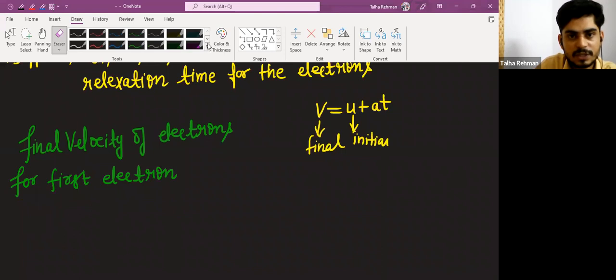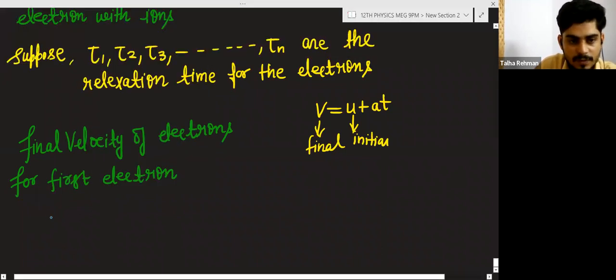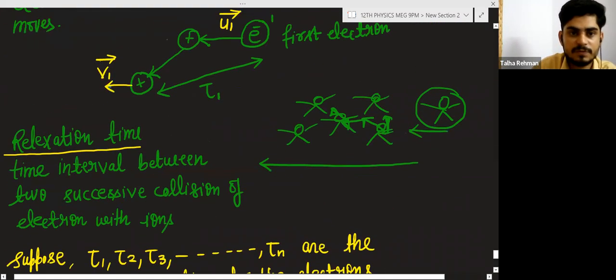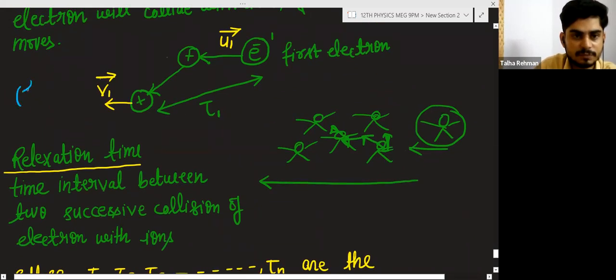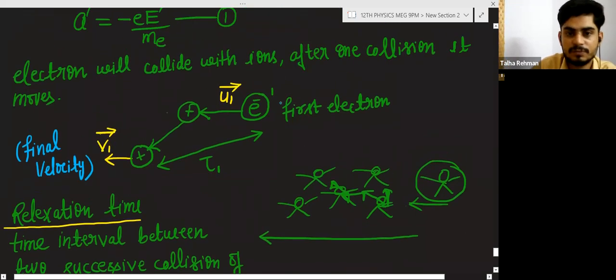So the final velocity of the electron, v1, is the final velocity here, and u1 is the initial velocity.